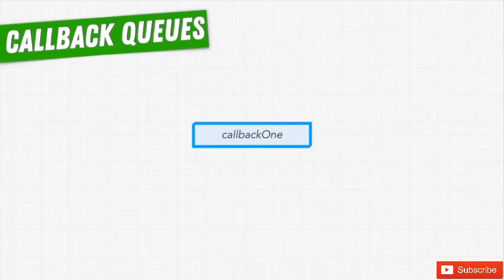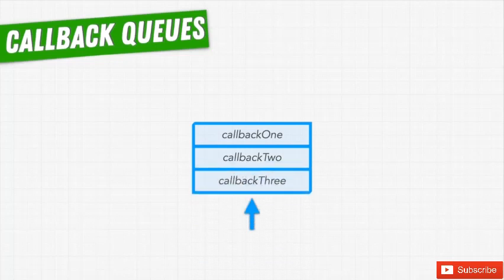Any new callback functions are pushed onto the queue in this order. So another setTimeout that completes immediately after our first one would add its callback immediately after. And if we had a third operation complete with a third callback ready to execute, its callback might be added to the queue as well.